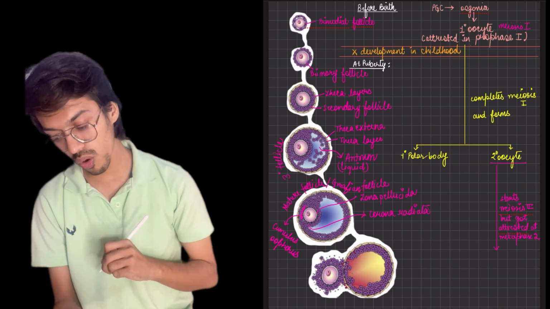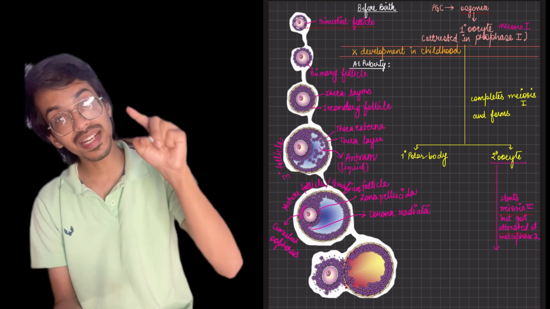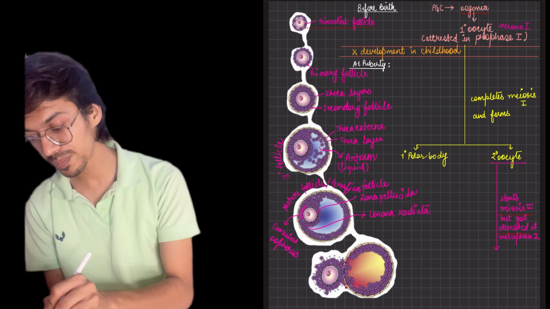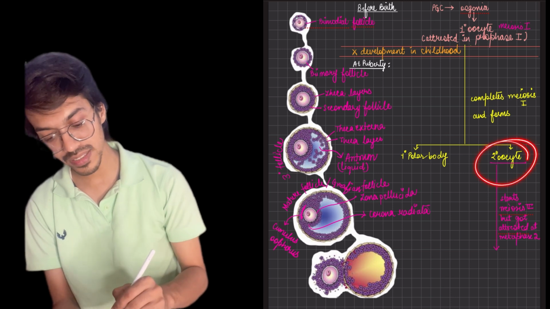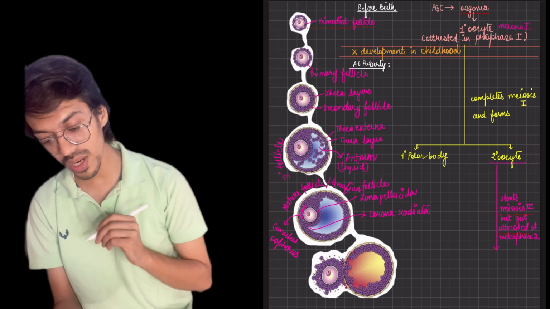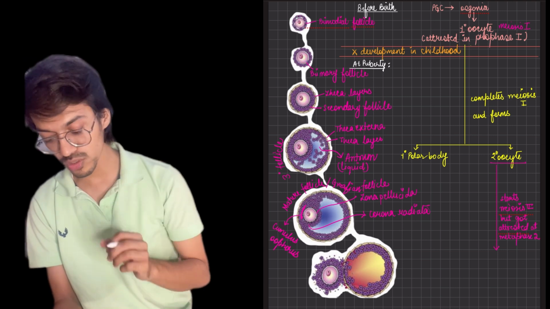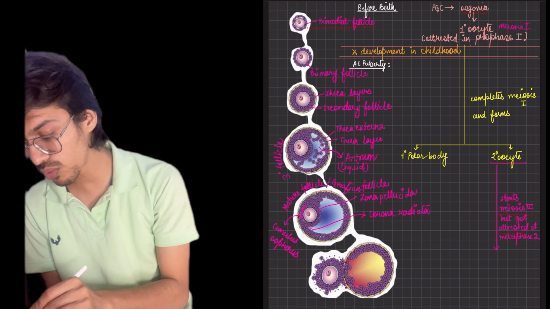Moving on, as this Graafian follicle is formed, the secondary oocyte keeps on starting its process, and it will be released. How will it release? It is captured inside this cell layer.